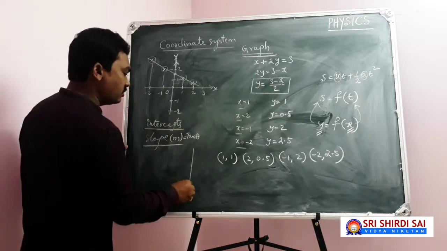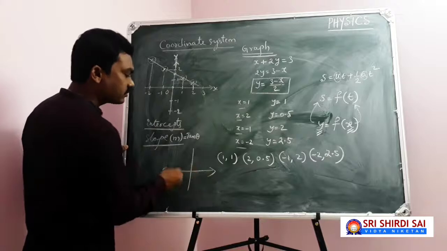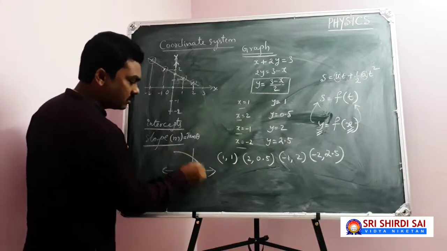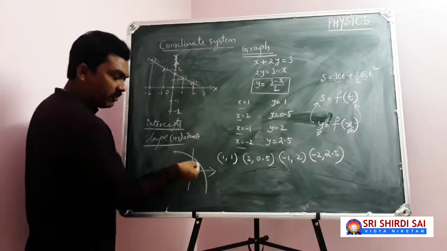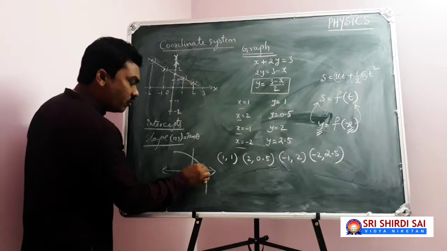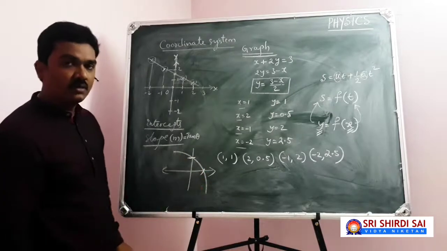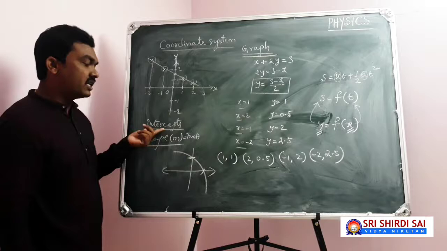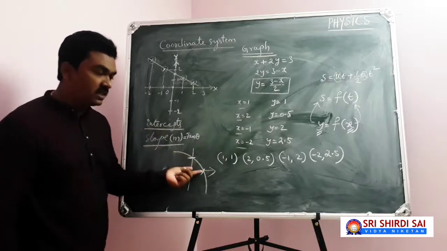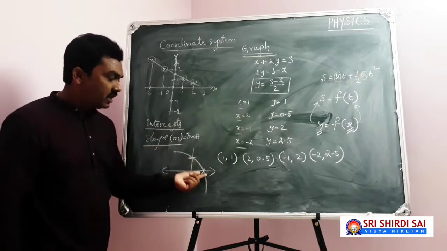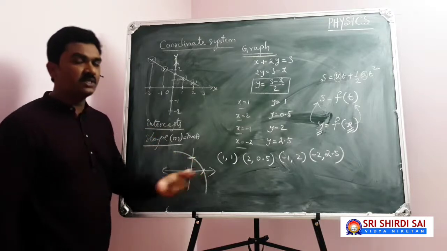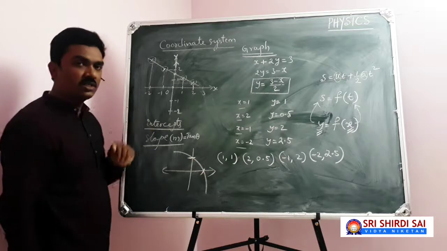It may be like this also. It may be like this. Once look at this. Your graph is a curve. Your curve is going to cut the coordinate axis at two different points. Those are called intercepts. This is the x-intercept and this is the y-intercept and this is the x-intercept. This is what you need to understand.